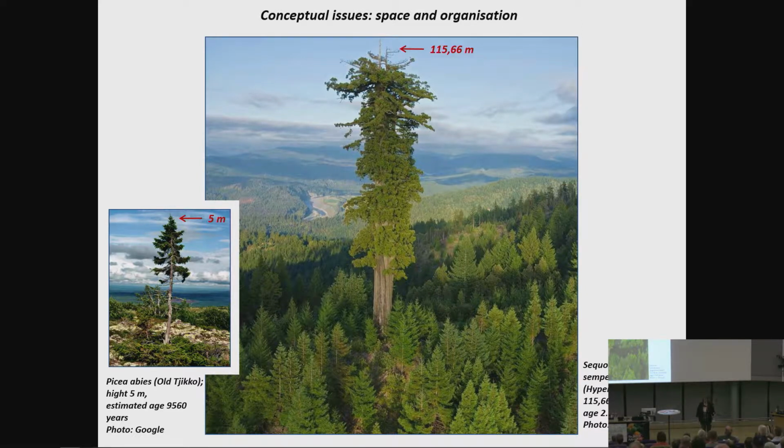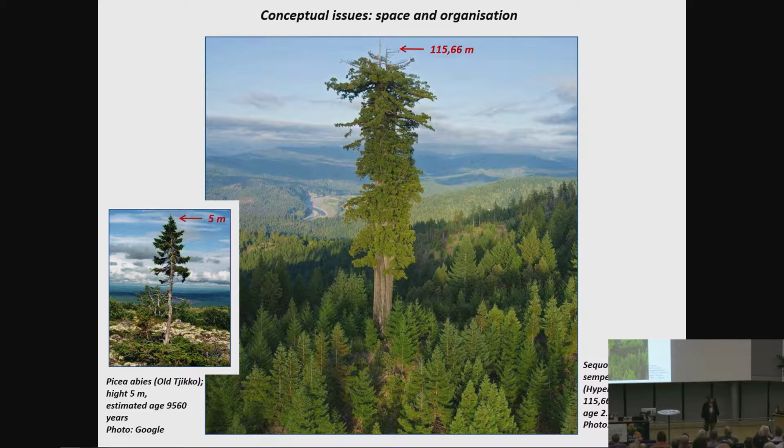And in this slide, it's even clearer because you see Hyperion, maybe one of the tallest, or maybe the tallest tree, or highest, I don't know which word you would say for a tree, tall or high, I don't know. So I use both. And so this tree is probably the highest tree, 115 meters and more, and it is 2,400 years old.